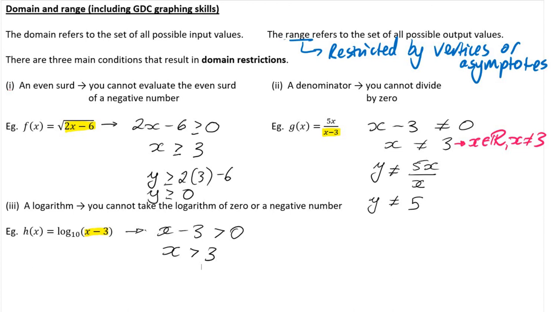However, if we think about the range here, the actual solution to a log can be 0, it can be negative, it can be positive. So this is not an endpoint, this is an asymptote. And the range is going to be real numbers.